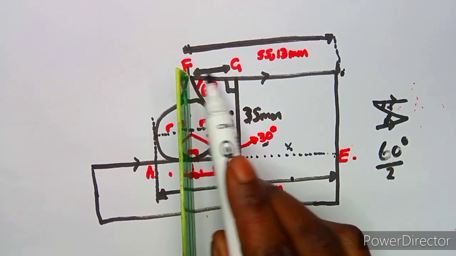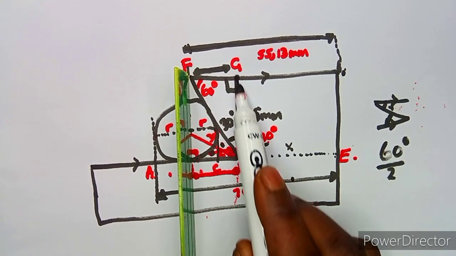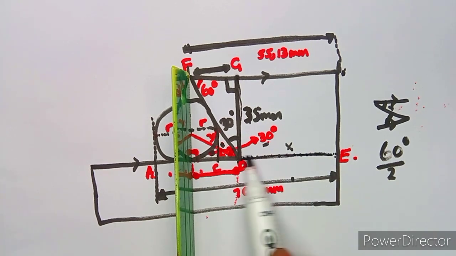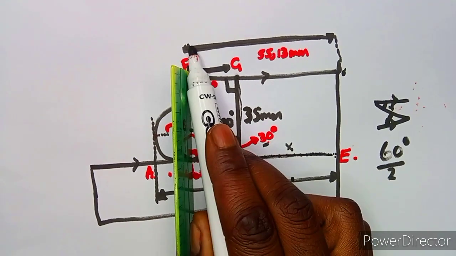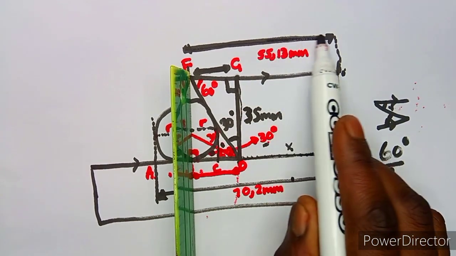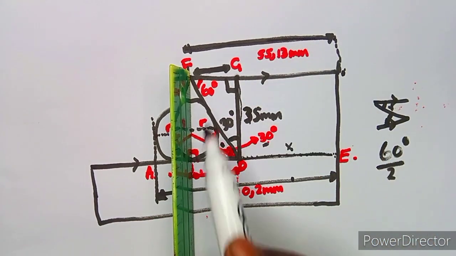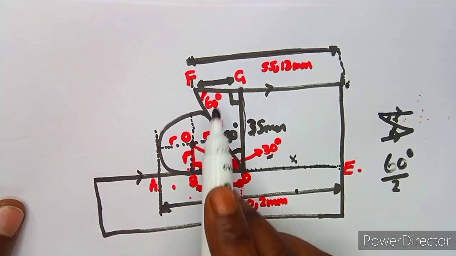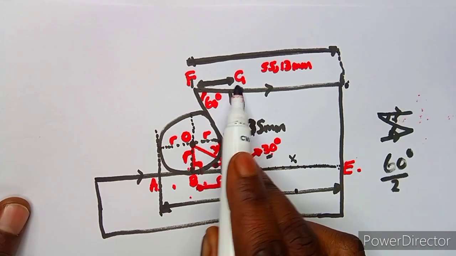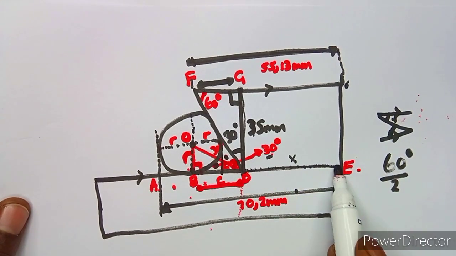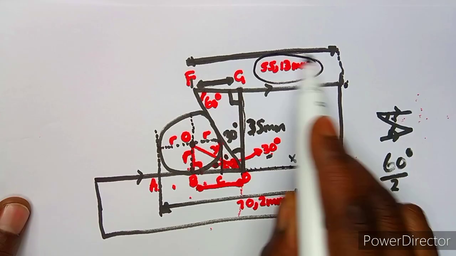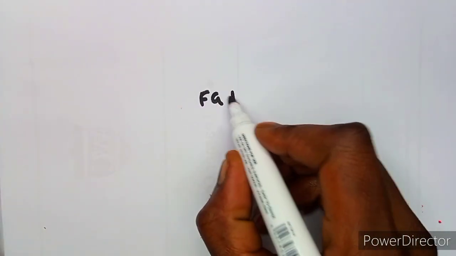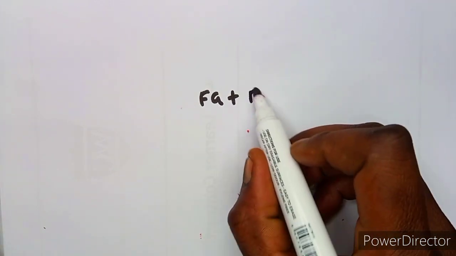From this point F to G, this distance is the one that corresponds here. So it's the same as adding DE to obtain this whole distance of 55.13. That means if we add FG and DE, we are going to obtain this value here. So FG plus DE.